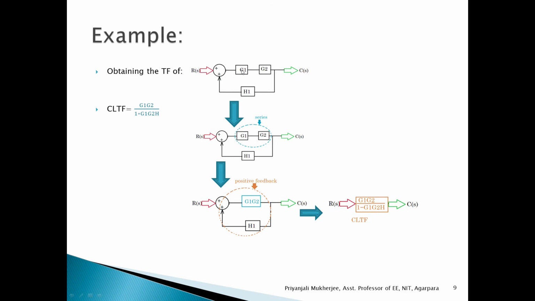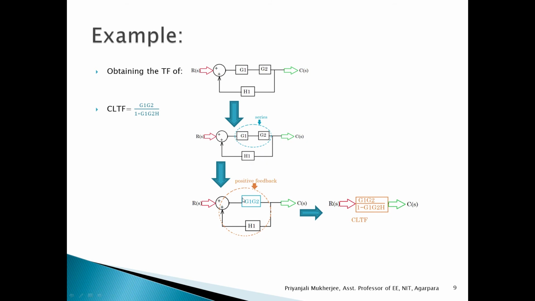It is a pictorial representation, and we can solve it step by step. In the first step, G1 and G2 are connected in series because the output of block G1 is used as the input of block G2. So we write G1 and G2 in a single block, represented by G1G2.